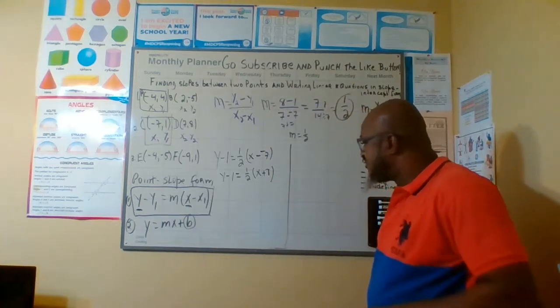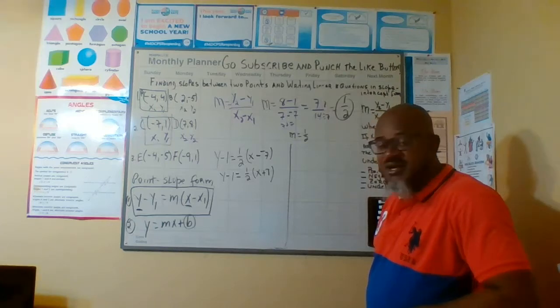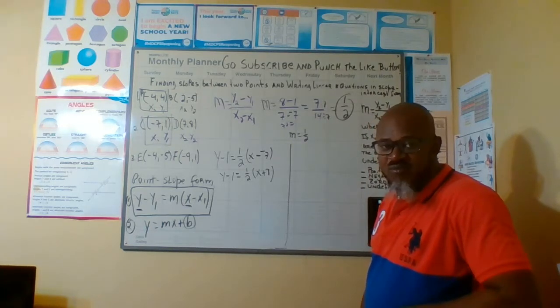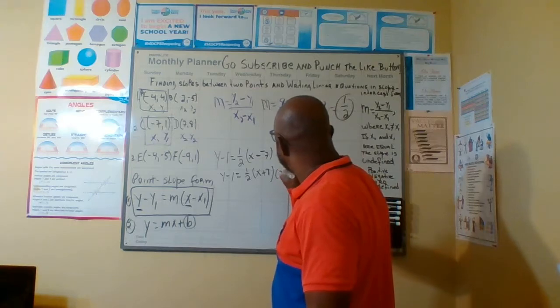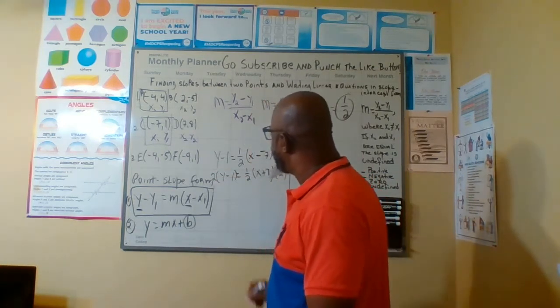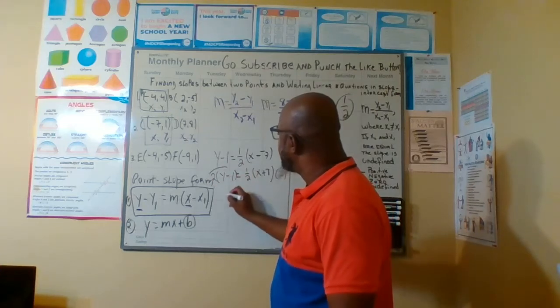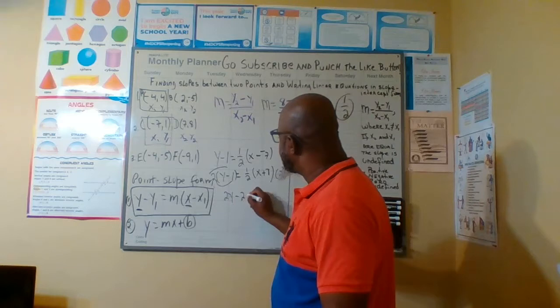So if you still have a problem with fractions, you can go and multiply both sides by 2, or if not, you just distribute the 1/2. Since we keep multiplying by the denominator, I will keep the same way so you don't get confused. Distribute this and distribute that. You will have 2y minus 2.